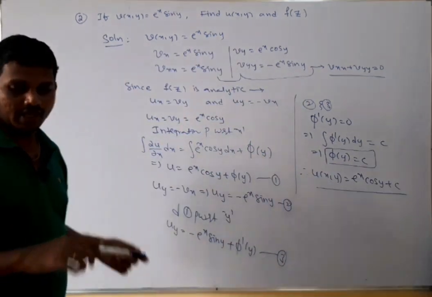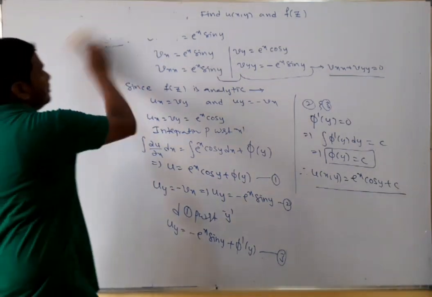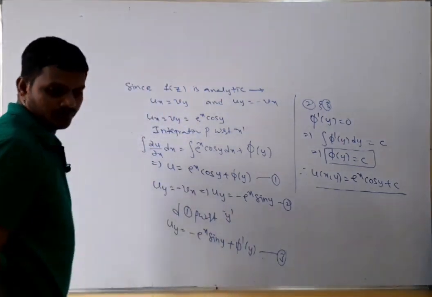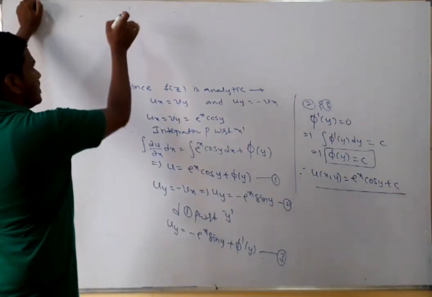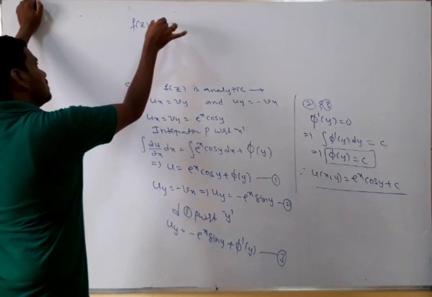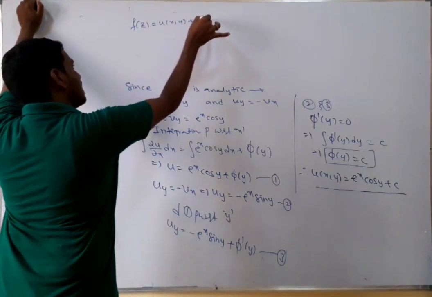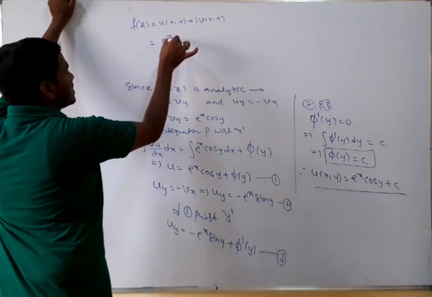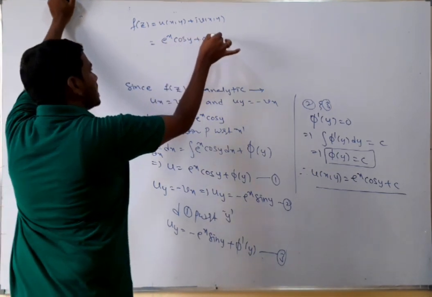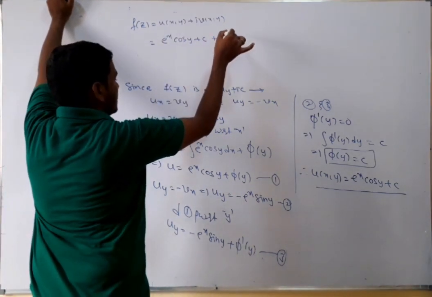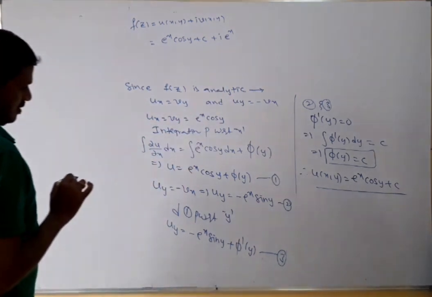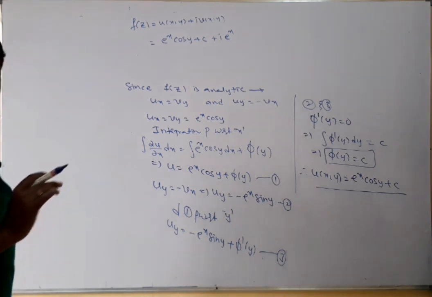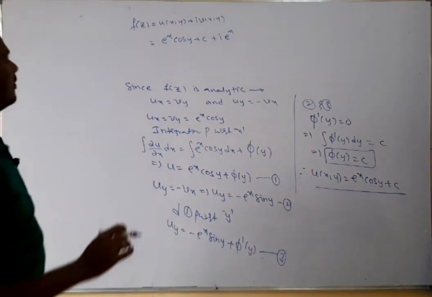Now I am going to find the corresponding analytic function. Since f of z is equal to u of x comma y plus i v of x comma y, u of x comma y is e to the power of x cos y plus c, plus i into v of x comma y, which is e to the power of x sin y.